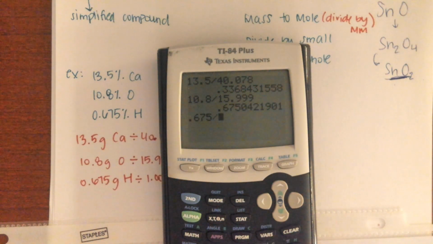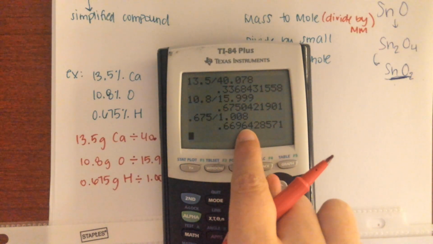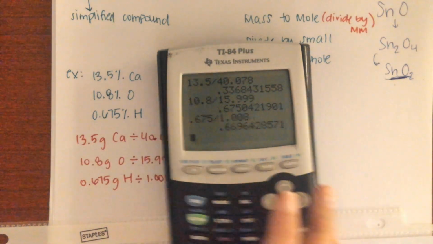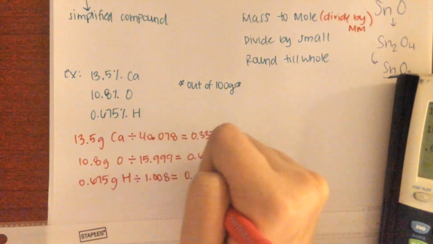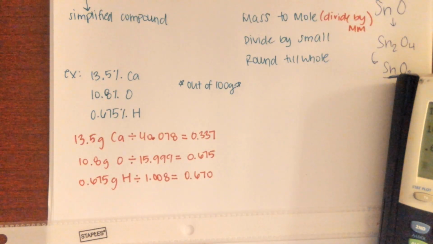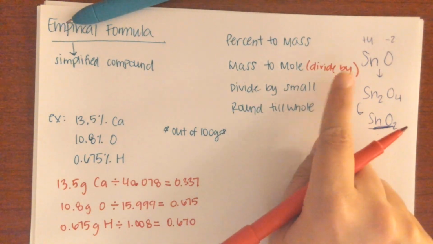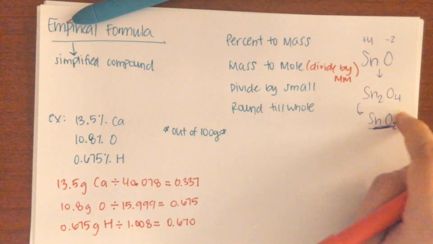And then 0.675 divided by 1.008. So this would be 0.669. That would round to 0.670. All right. So that is the second step here. We just divided by their molar masses.